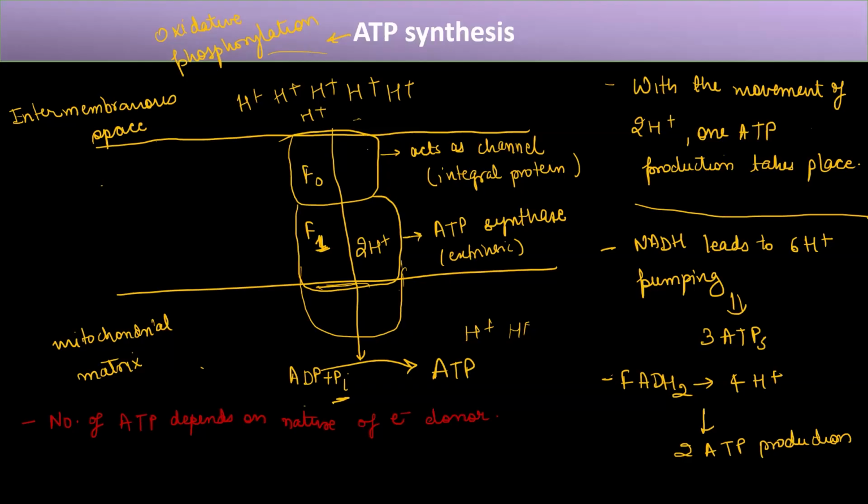Here, we studied photosynthesis and this oxidative phosphorylation. So what is the difference between these two? In photosynthesis, light was the main source by which electron generation and transportation took place.